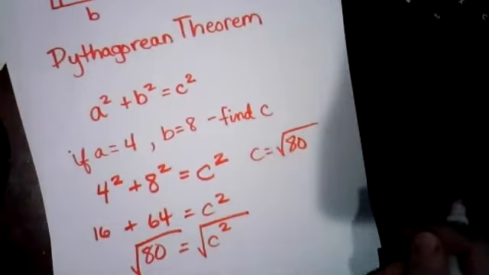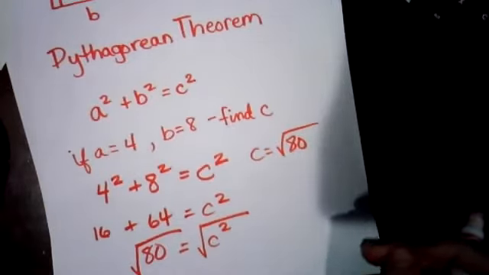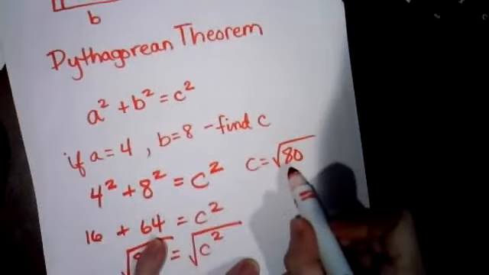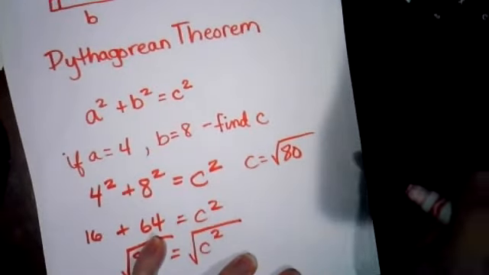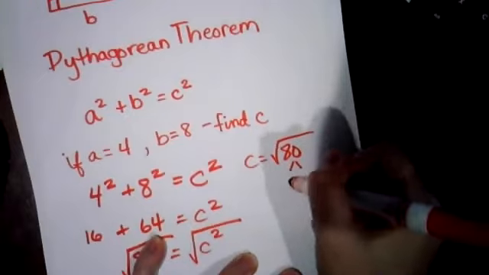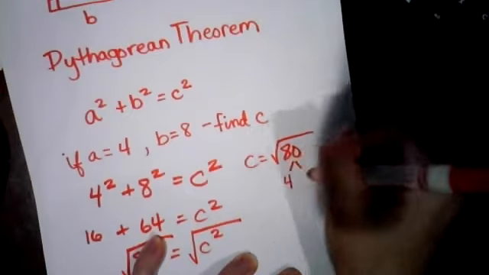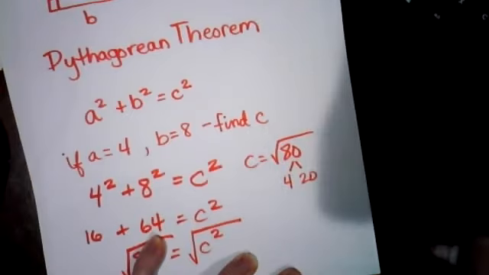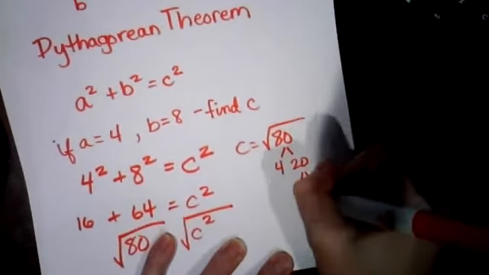Now, one thing that you need to remember from last week is this is not simplified. Okay, how do we know it's not simplified? Well, you should know that 80 is divisible by 4. Okay, and so I can actually take out 4 and do this. Okay, there's another number in there. You see, this is another 4.